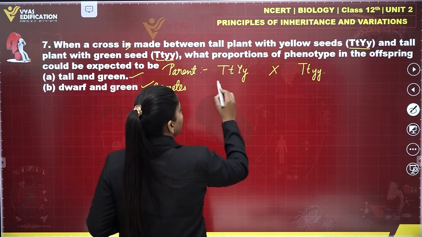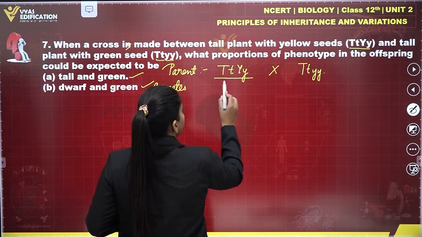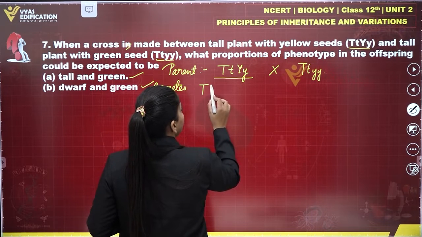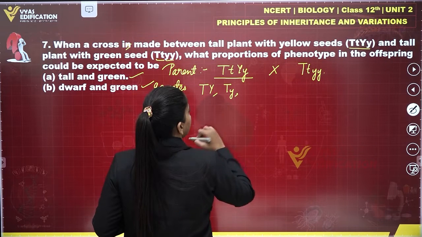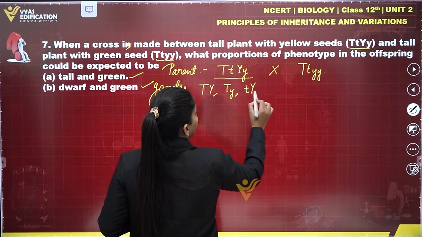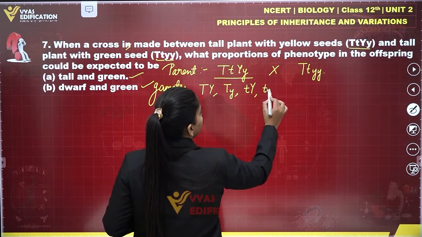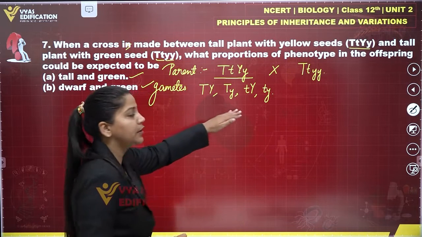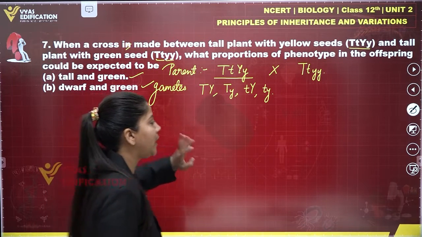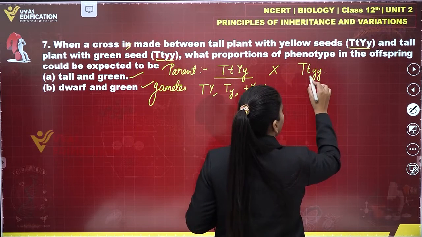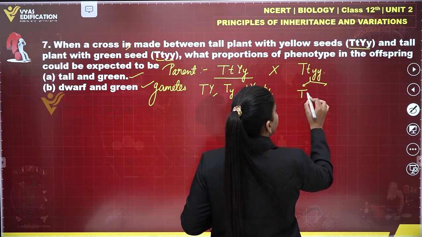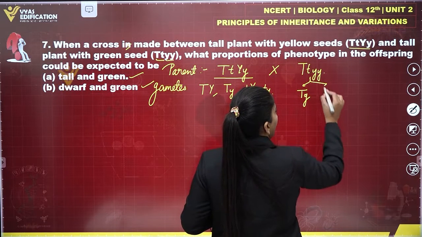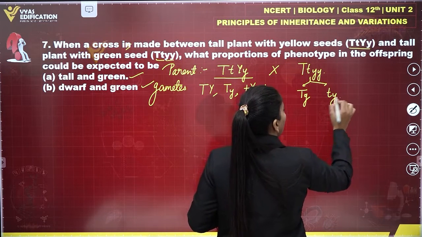The gametes from the first parent are capital T capital Y, capital T small y, small t capital Y, and small t small y. The second parent is going to make only two types of gametes, capital T small y and small t small y.